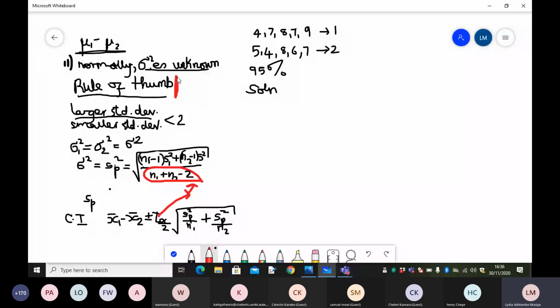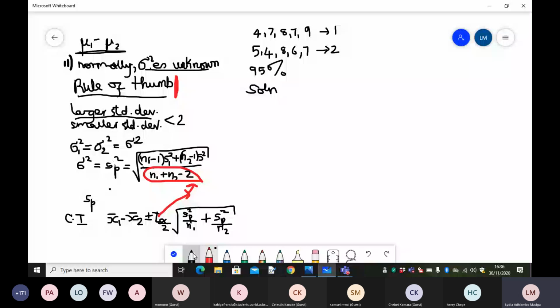So this is what we must do first. We must first check for equality of population variances. That means that we need to calculate the standard deviations for the two samples. Some birds are competing with me, sorry.